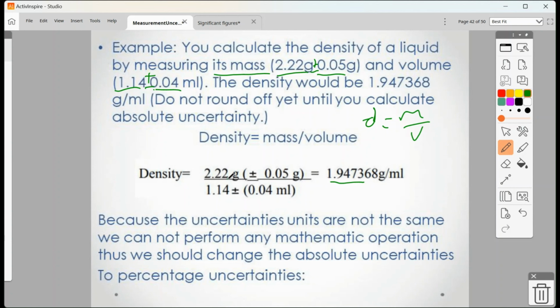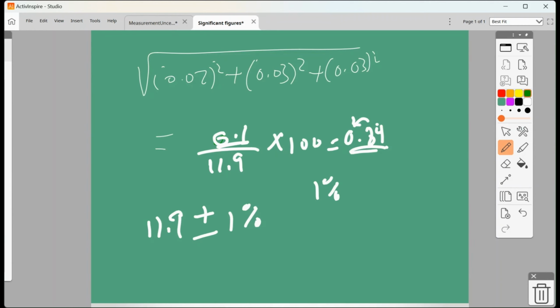Okay, for this part, now what about the uncertainty? We said because there are different units, we have to change the absolute uncertainty into percentage uncertainty. So let me use this slide.